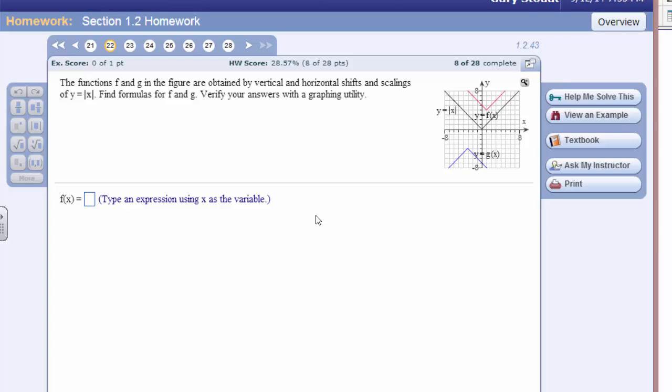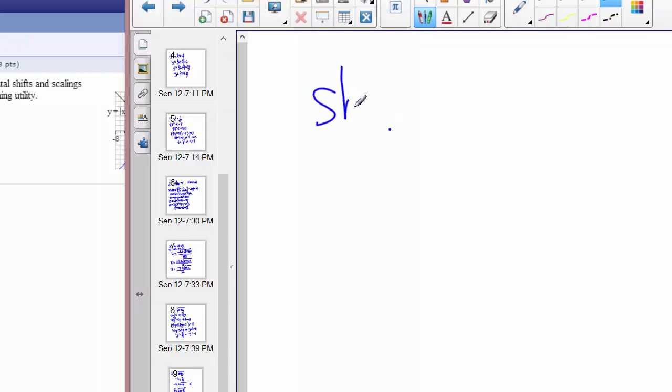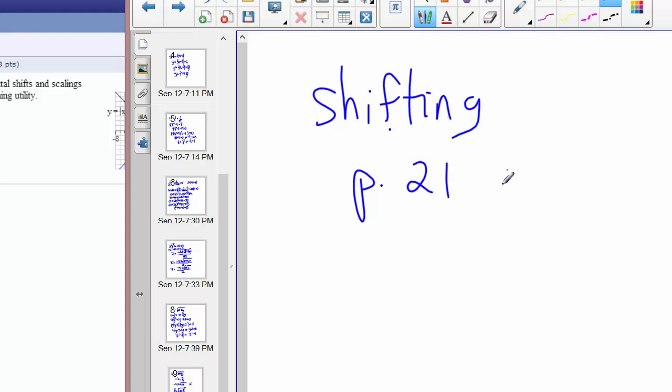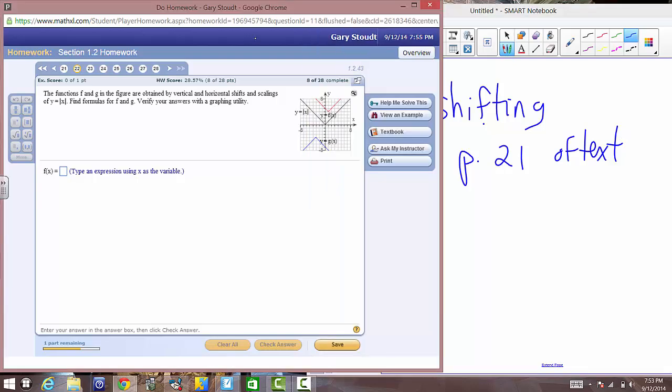I will refer you here to the summary of shifting on page 21 of your textbook. So please check that out. That reminds you that shifting and scaling, left, right, up, down, there's a summary given on page 21. So let's just talk our way through this one.